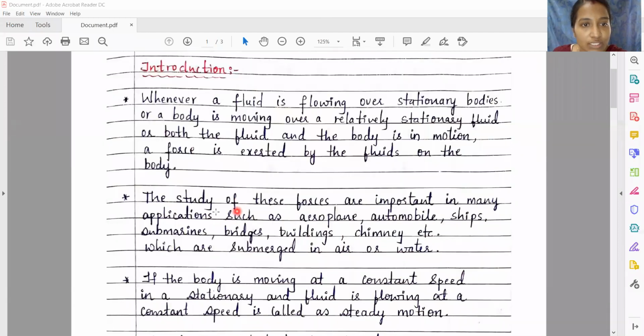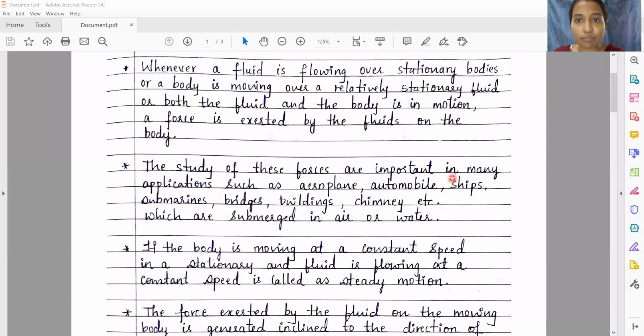The study of these forces is important in many applications such as aeroplanes, automobiles, ships, submarines, bridges, buildings, chimneys, etc. Aeroplanes, automobiles and ships are submerged in fluids, that is liquids, and the aeroplane is submerged in gas.